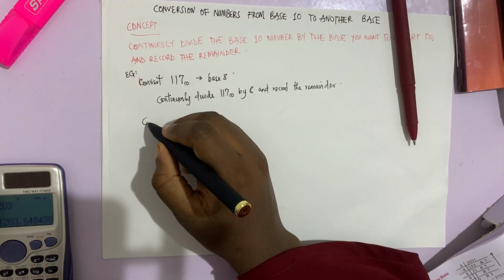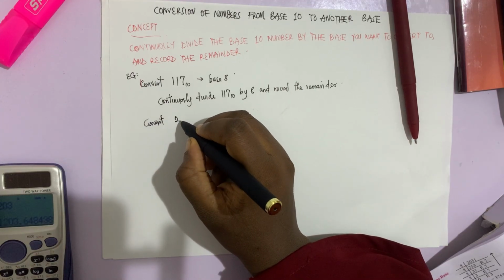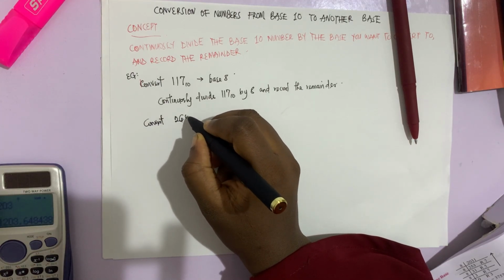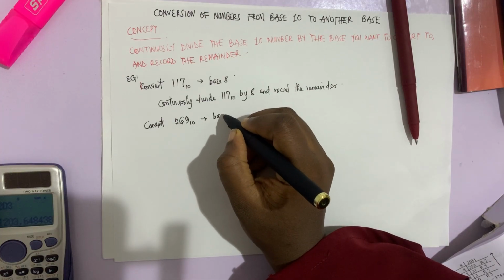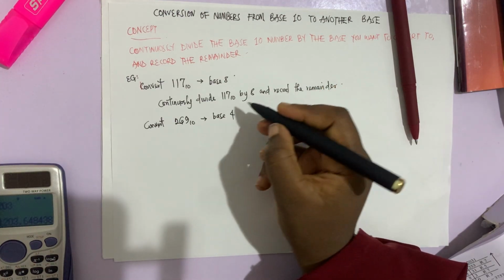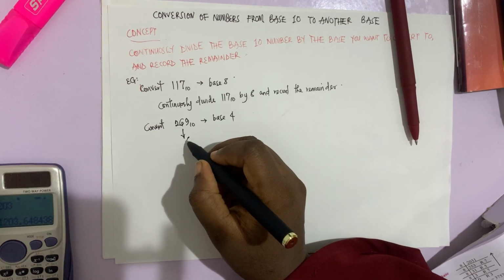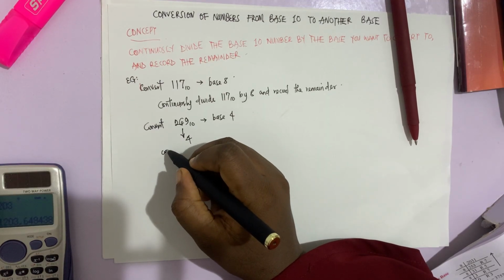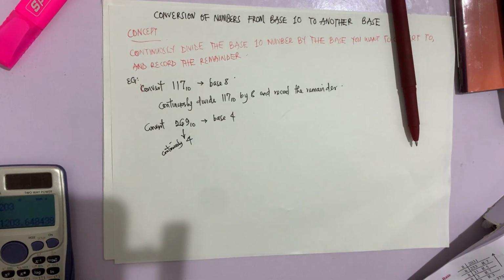If you want to convert 269 base 10 to a number in base 4, what do you do? You continuously divide by 4. So that is the concept, to continuously divide and record the remainder.